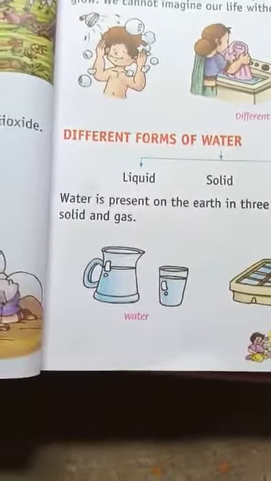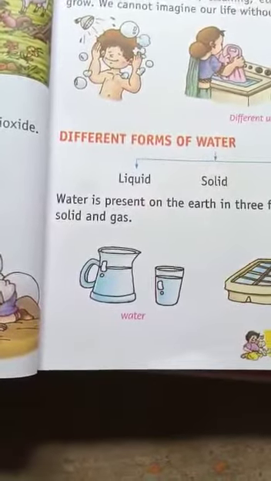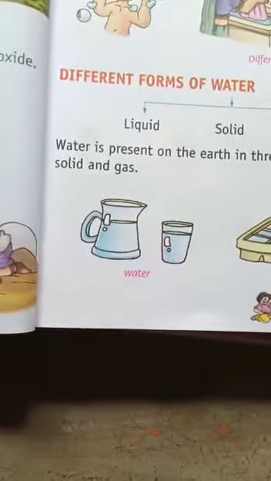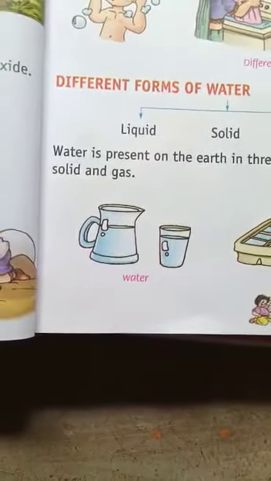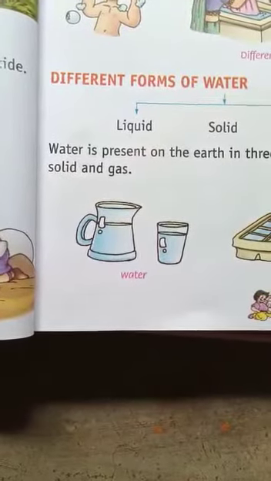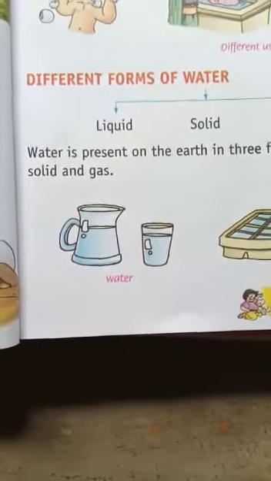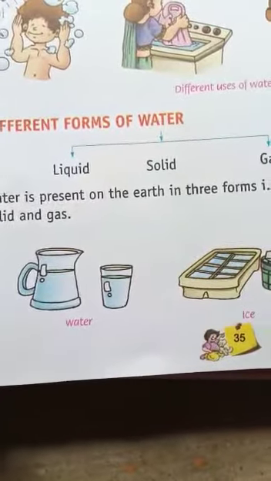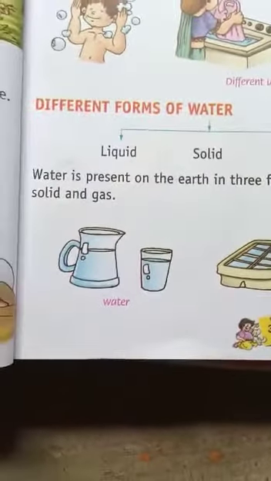These blocks are known as ice blocks. This is also water, but in solid state. It is called solid state because it is hard to touch. The piece of ice is very hard to touch, that is why it is in the solid form.